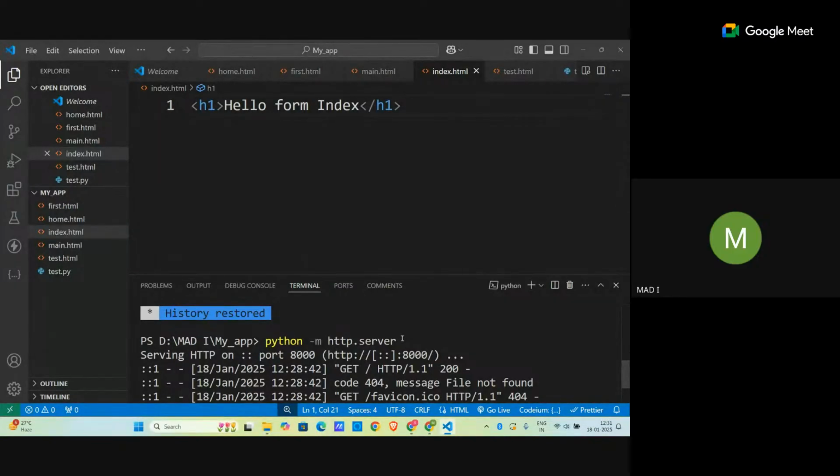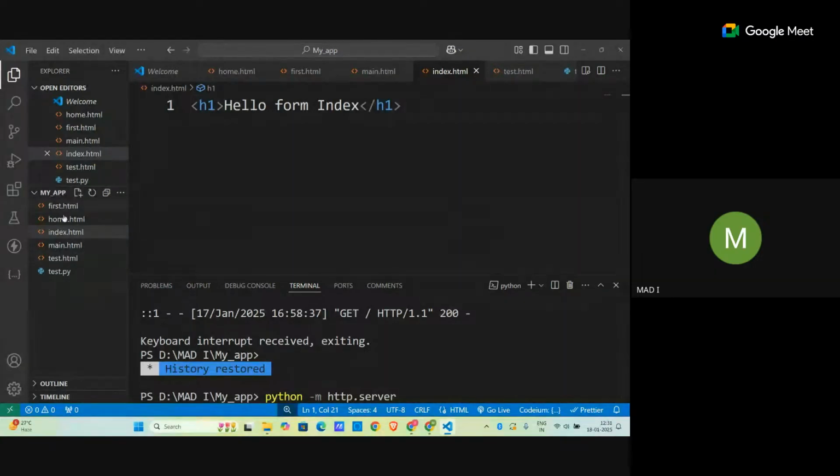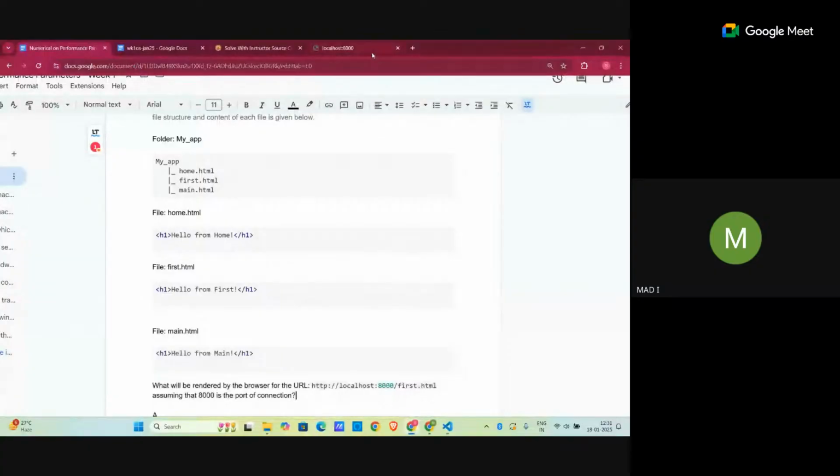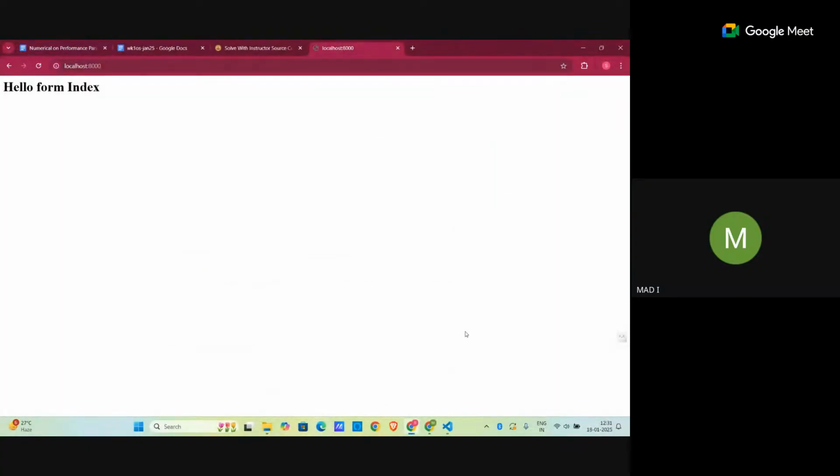Here, what I did, I created a Python server. So this Python server is serving these files which are there in my directory. So I created the Python server for this directory, and it is serving these files on the local host. By default it serves the index.html file. If the index.html file is not present, it gives the directory listing.